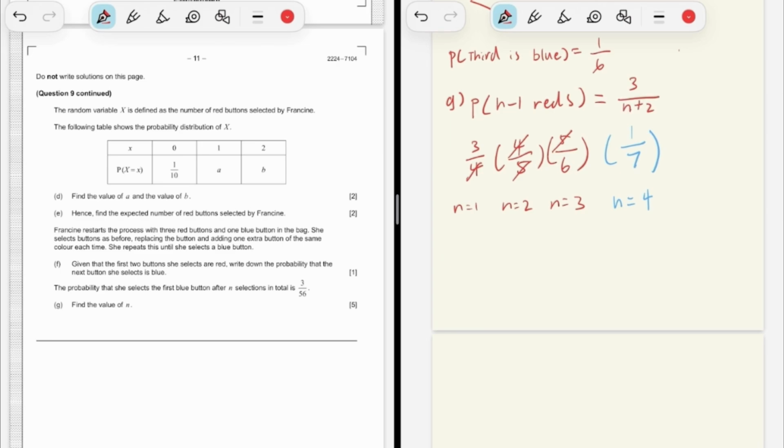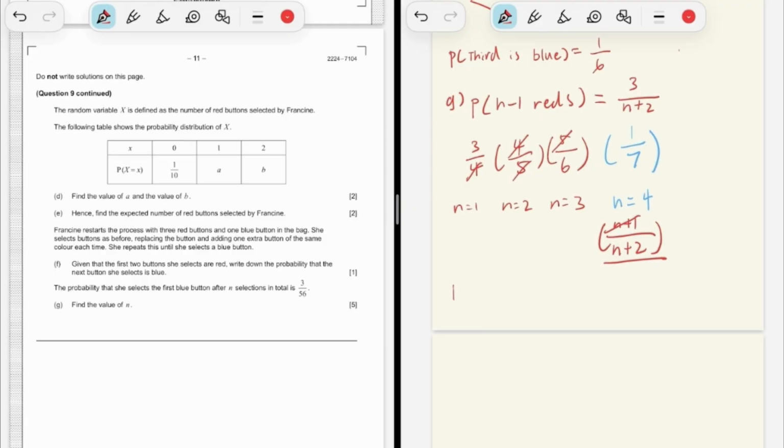Because we could see that the probability of the blue marble is n plus 1 over n plus 2, but since it gets canceled out, we get the denominator of n plus 2.